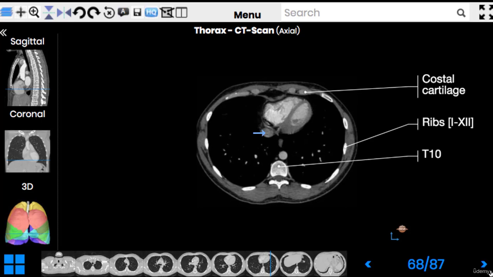The round-shaped one is the inferior vena cava. We don't have the superior vena cava any longer, but we have the inferior one. Here it is. And the other vessel, which is just in front here, this is our coronary sinus. They both come here to enter the right atrium, and we can look at them here.